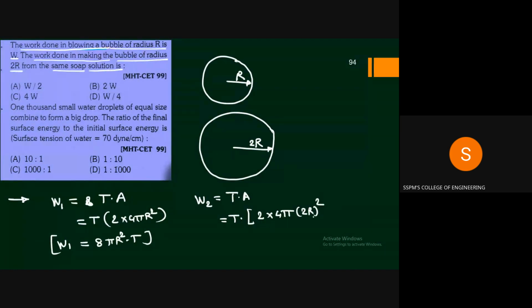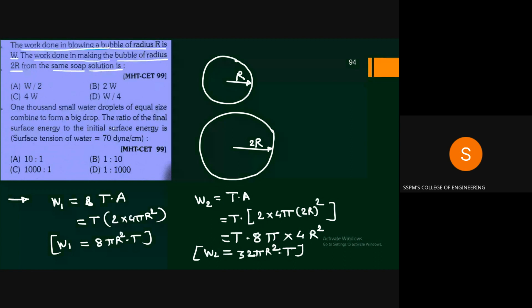So here we will get T into 8 pi into 2 square will be 4, r square. So this is 8 into 4, 32. So 32 pi r square into the surface tension T. This is the new work done to form the soap bubble of the double radius.